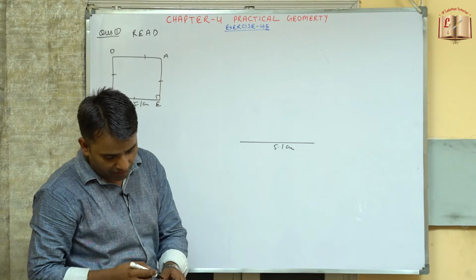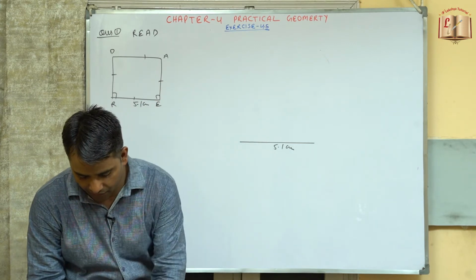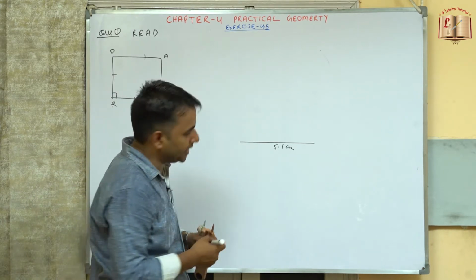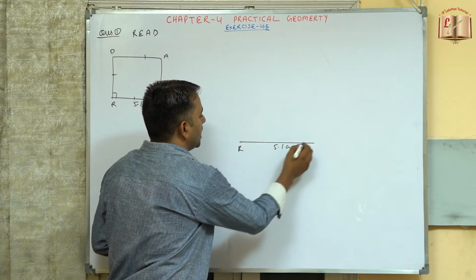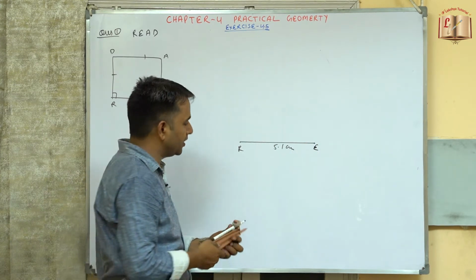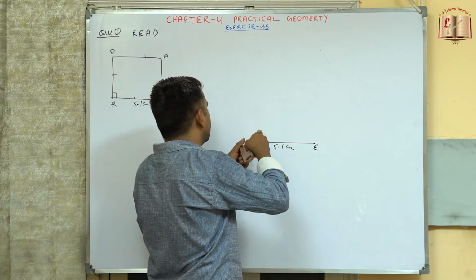So first of all we will draw an arc of 90 degree from each point. So this is now R and E. This point is R and this point is E. So we will draw an arc of 90 degree from both the points.